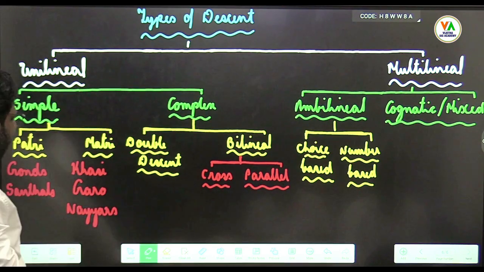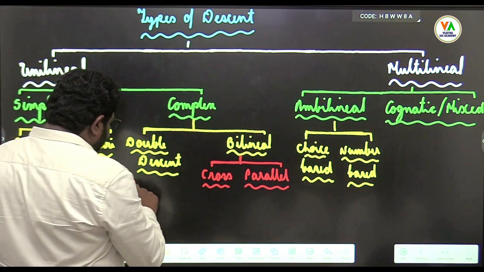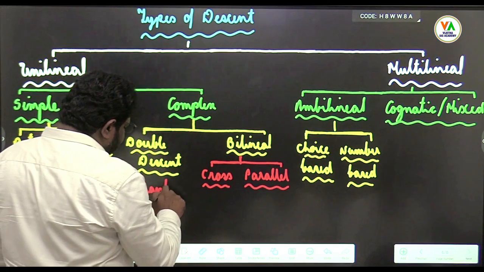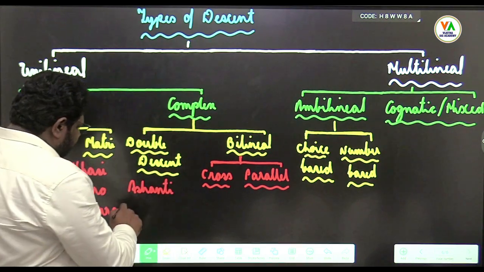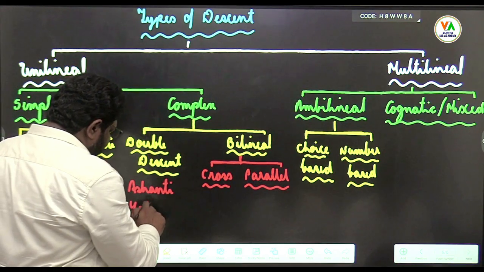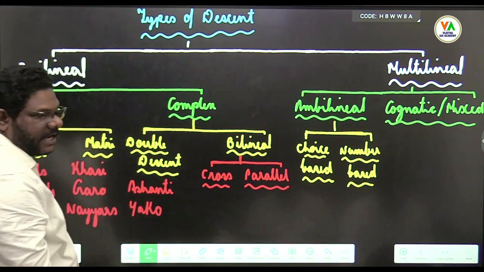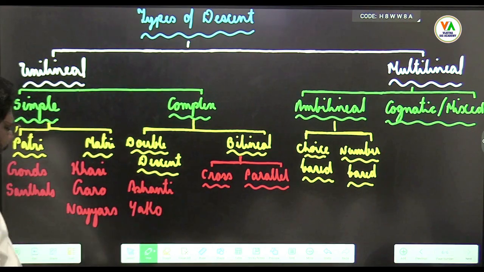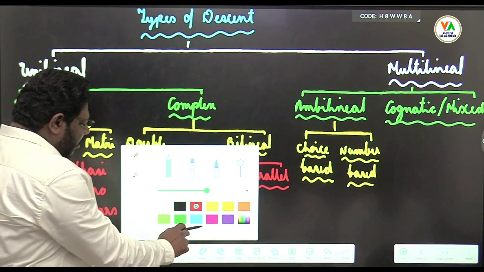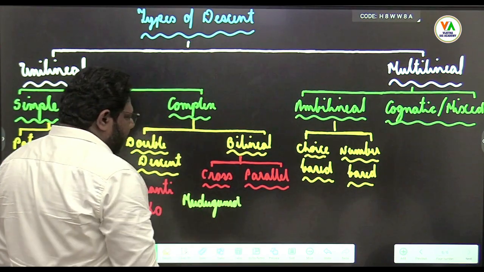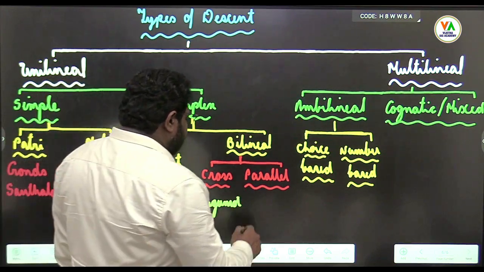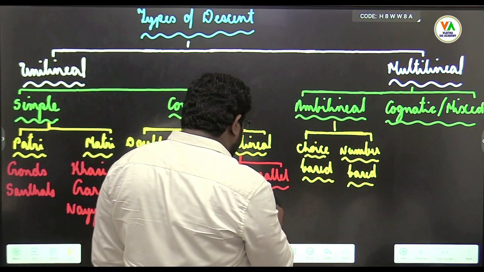Double descent, Ashanti of Ghana and Yako of Nigeria. Cross, you have Mudugumar. Parallel, you have Apinaya and Saha of Brazil.